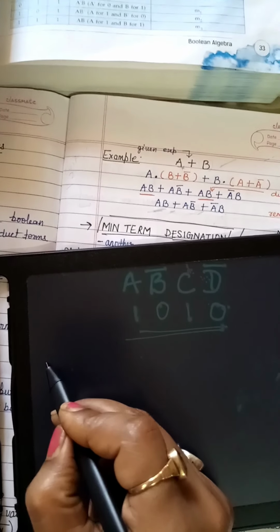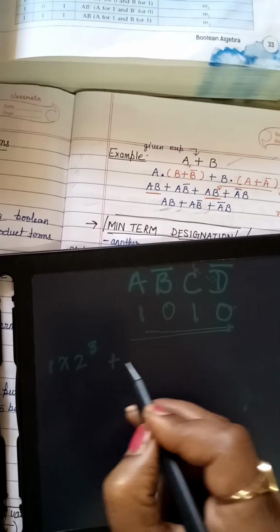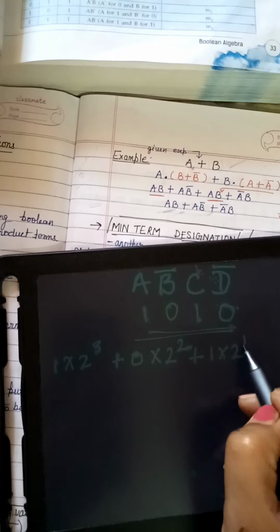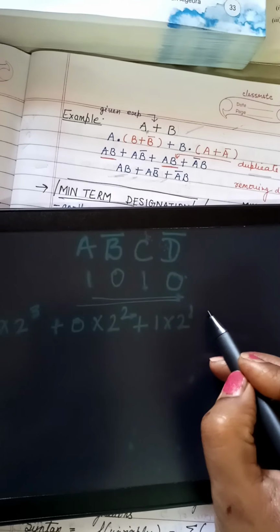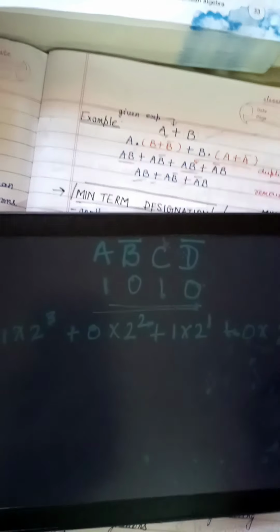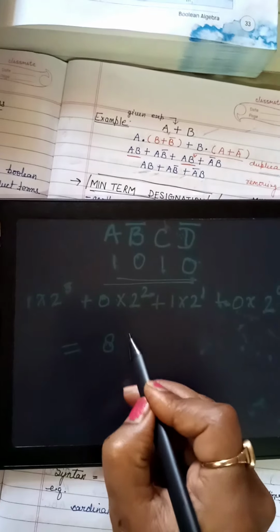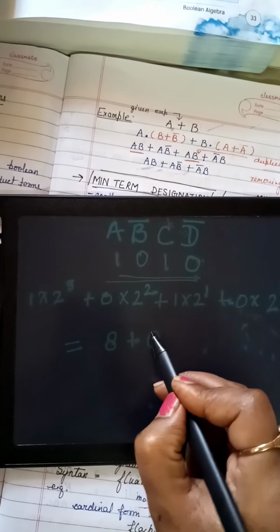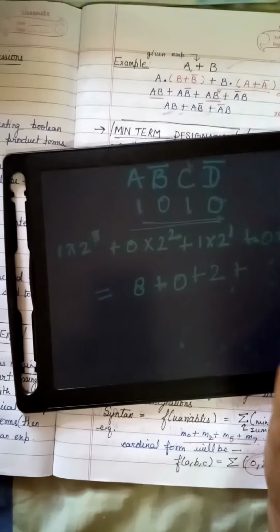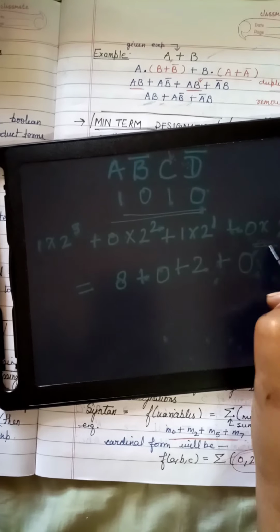Calculate. 1 into 2 to the power 3 plus 0 into 2 to the power 2 plus 1 into 2 to the power 1 plus 0 into 2 to the power 0. So 8 plus 0 plus 2 plus again 0.